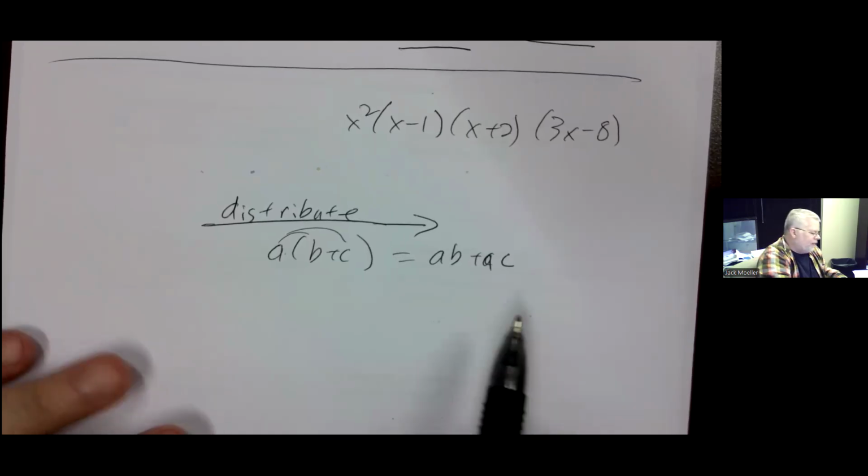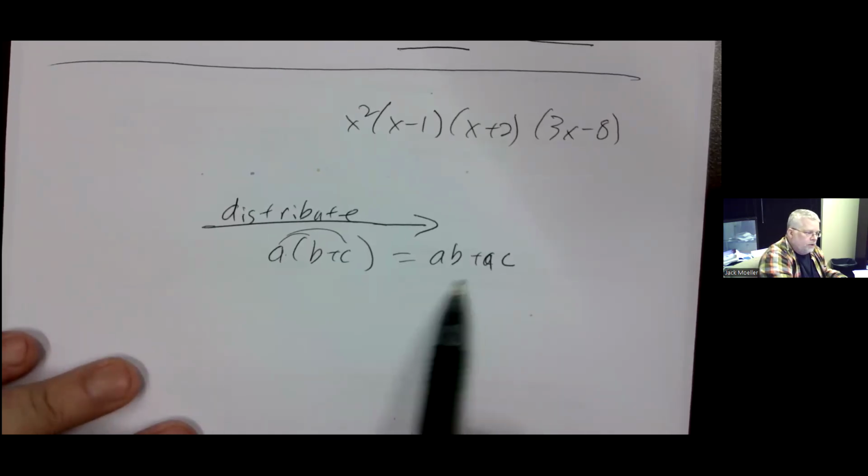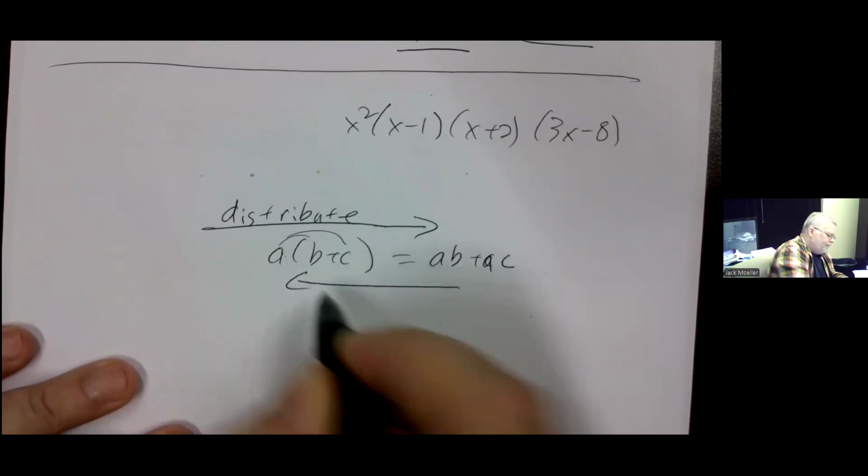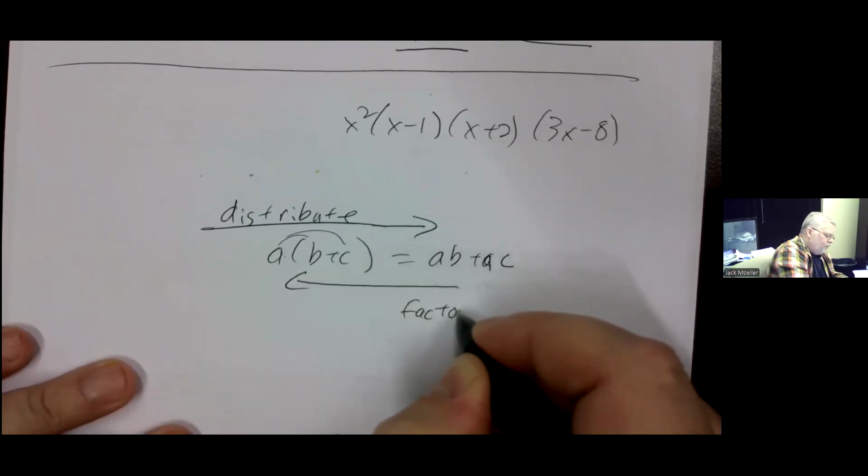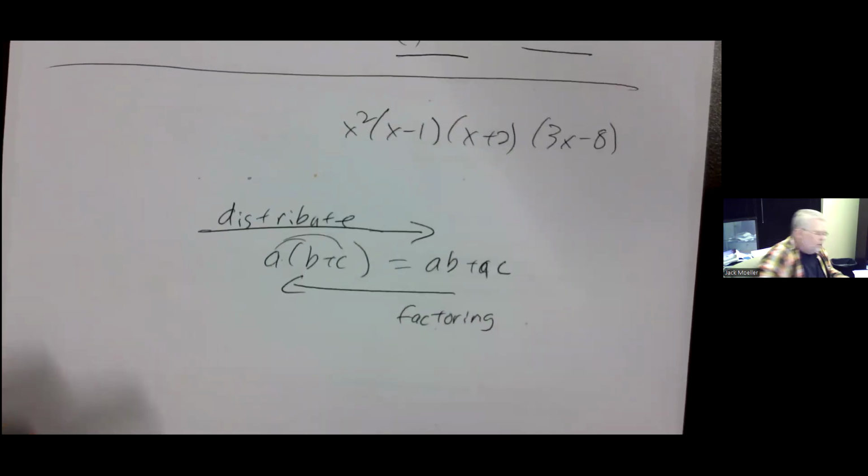But what we're going to do with factoring is start with this and go backwards. So distribution and factoring are sort of the same idea, just different directions, sort of like multiply and divide. They're both the same basic operation, it's just which direction you're going.